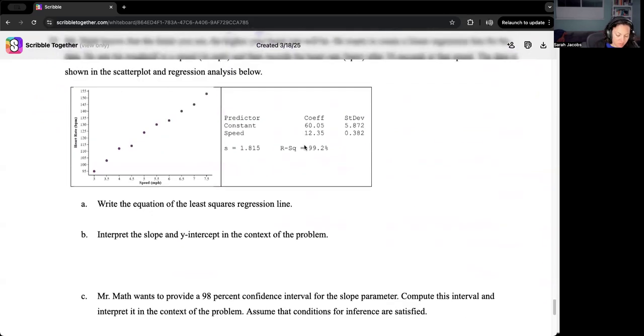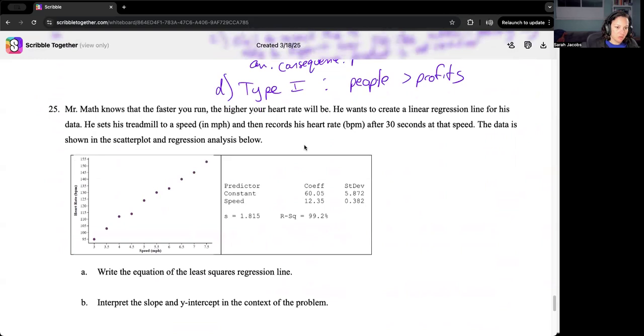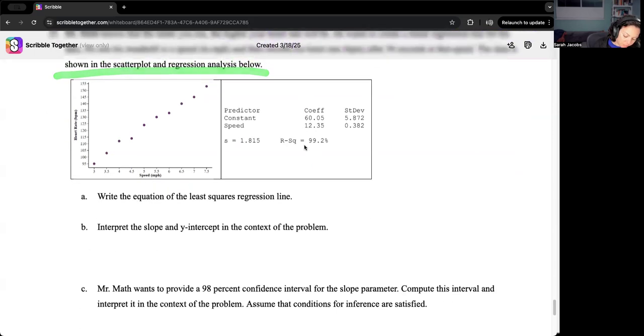Almost. Mr. Math knows that the faster you run, the faster your heart rate, the higher your heart rate will be. This is super similar to the one we did together. He wants to create a linear regression line for his data. He sets his treadmill to a speed in miles per hour and then records his heart rate in BPM after 30 seconds at that speed. The data is shown in the scatter plot and regression analysis below.